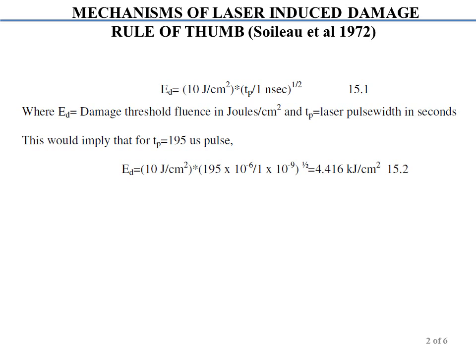So in the next slide we see a rule of thumb for laser-induced damage after Soleil, in which the energy damage threshold fluence in joules per centimeter squared and the laser pulse width in seconds, TP, are related by equation 15.1.